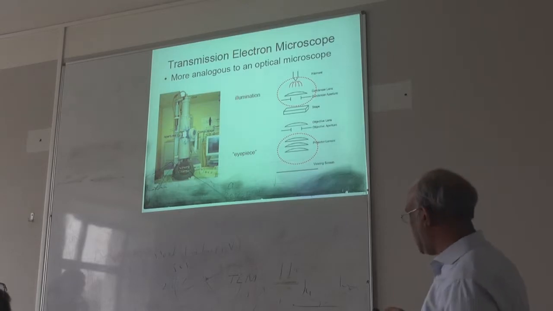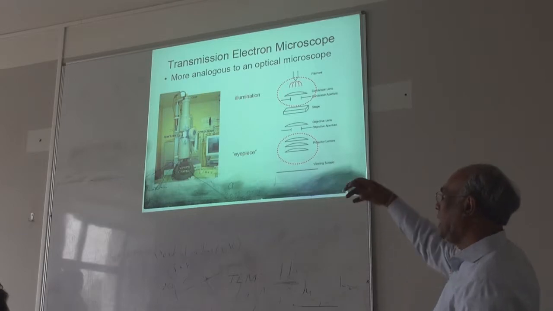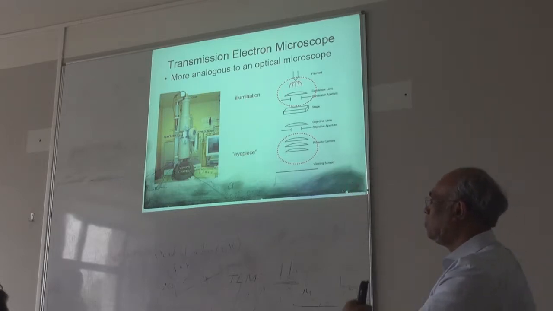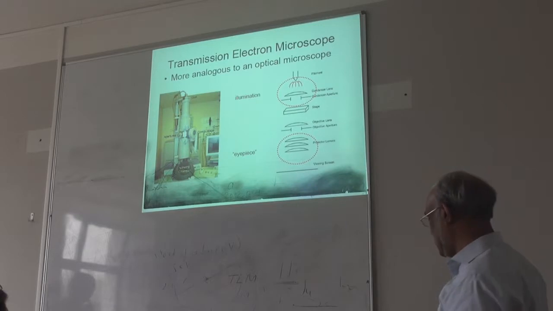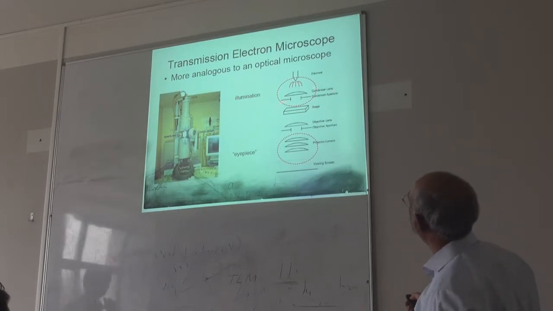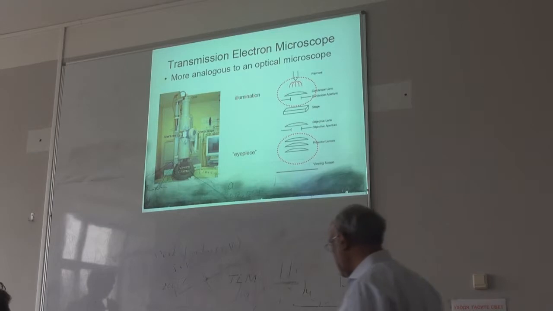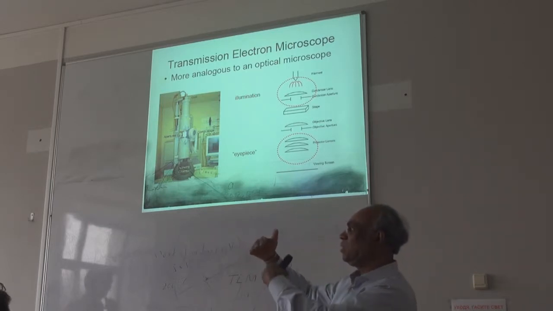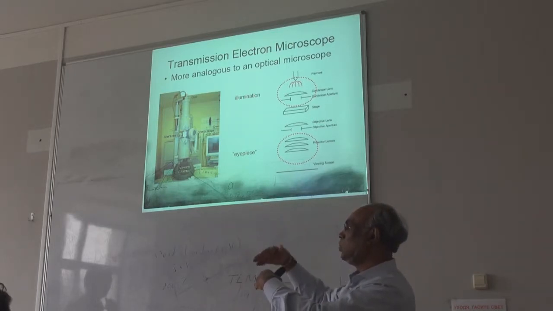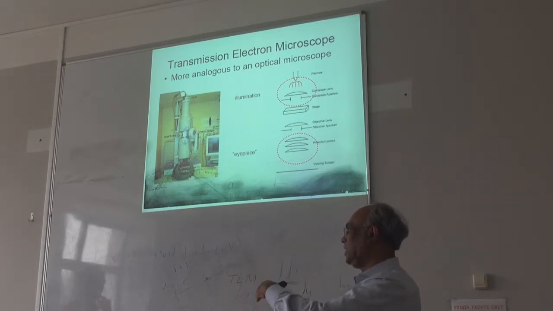In the transmission TEM, this is more like the optical microscope. You have a light, you have an object, then you focus your light. Here you have electrons coming first, then you can view from the other end. In an optical microscope you do the same thing: you have a source, then an objective, then an eyepiece.